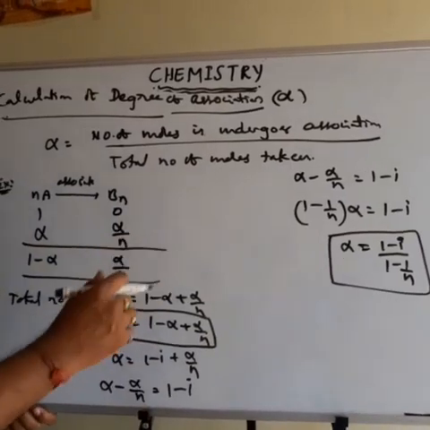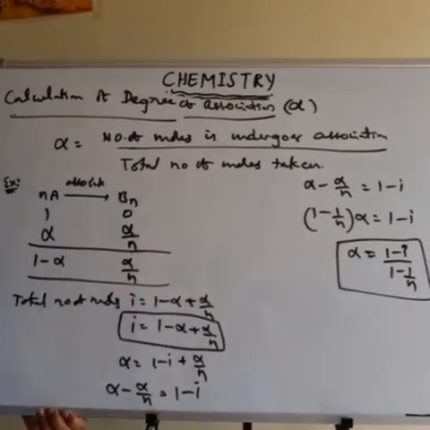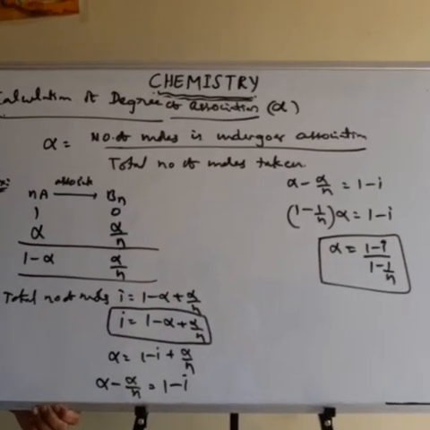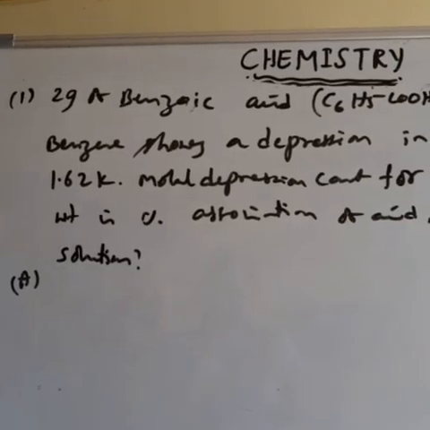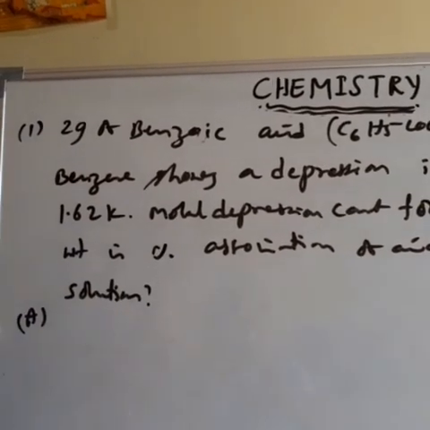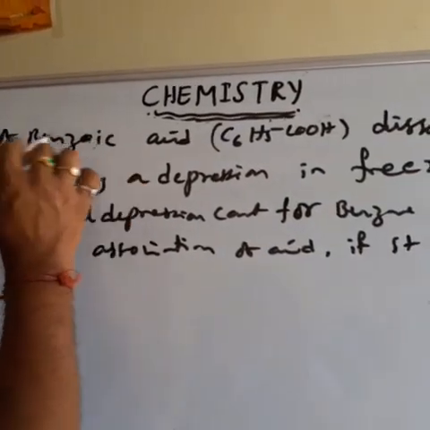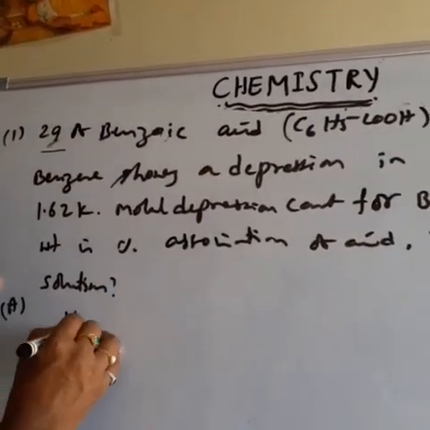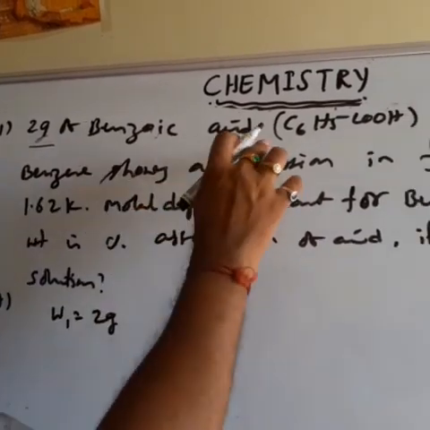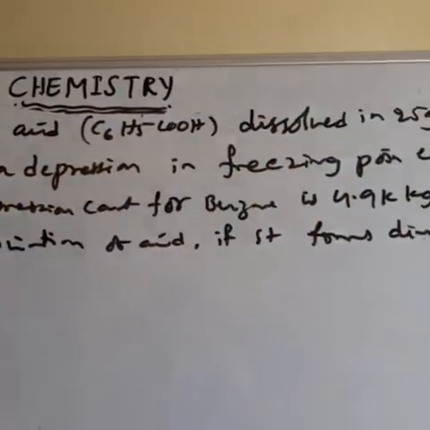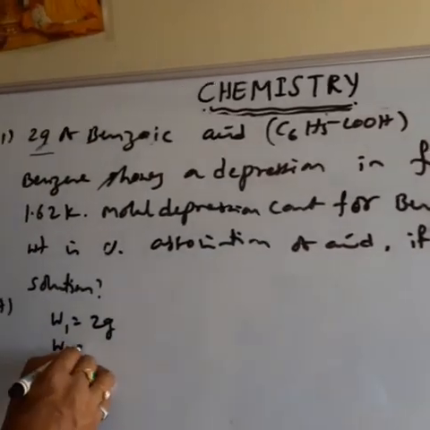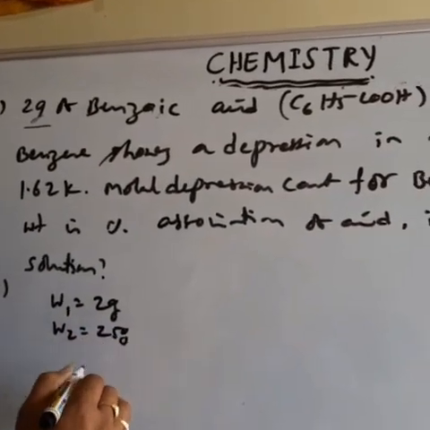The next one, I will explain one problem based on this concept. Let us see the problem. This is the first problem. Here 2 grams of benzoic acid, this is solute, W1 is 2 grams. This is dissolved in 25 grams of benzene, so W2, weight of solvent, is 25 grams.